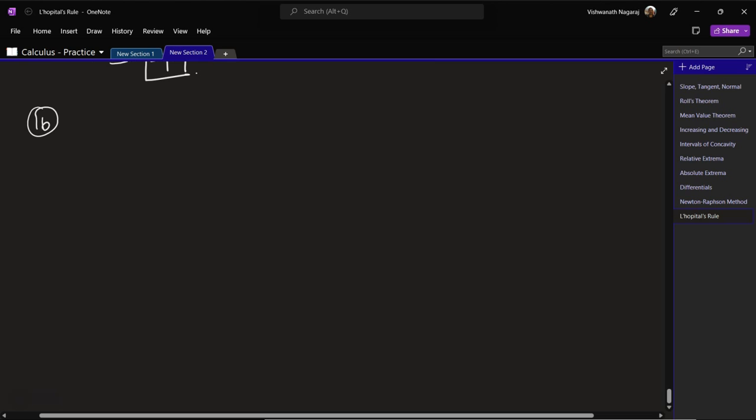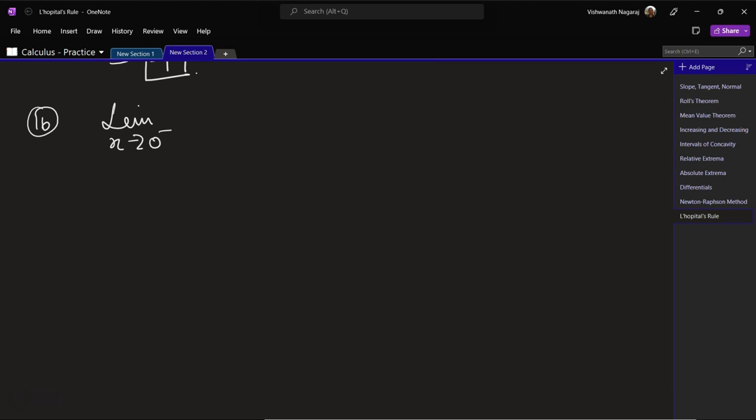16th one. Limit as x approaches 0 from the positive side of 2 tan x to the power of sine x. Now you got the idea. We have to bring the sine x down. Because if we substitute it directly, what happens? Tan 0 is 0, sine 0 is 0.